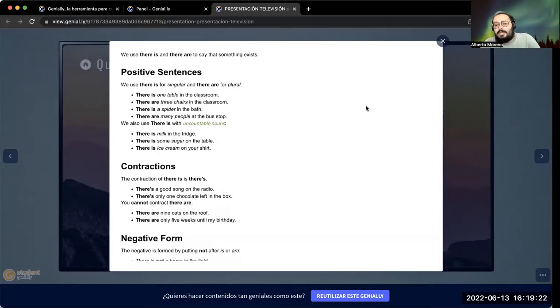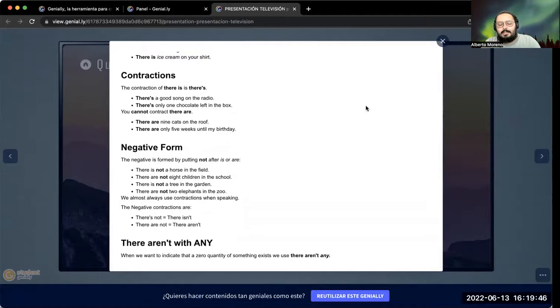Okay? We can use there is with uncountable nouns and also with countable nouns, and we use there are with only plural countable nouns. For example, there is one table in the classroom, there are 3 chairs, there are many people, okay? There is milk, there is some sugar, there is ice cream.